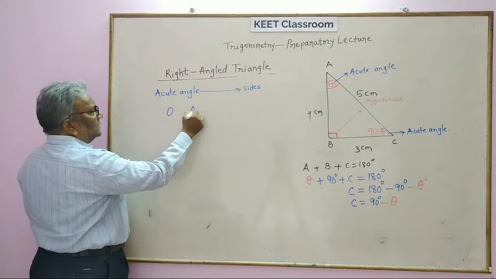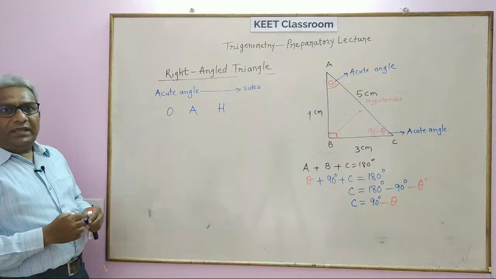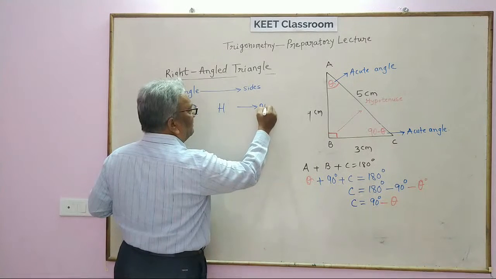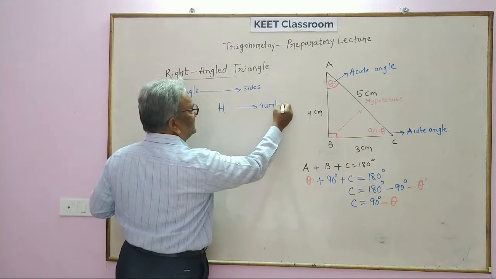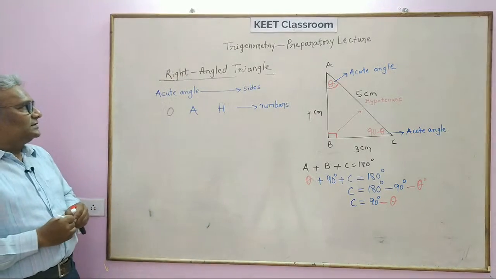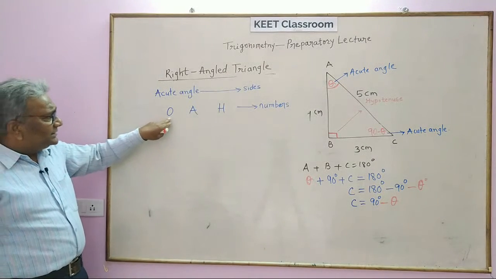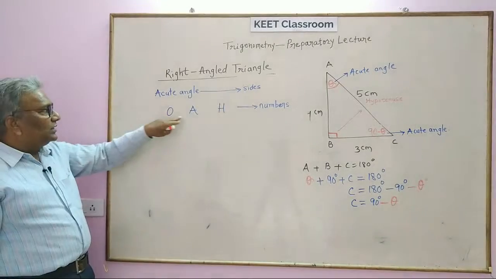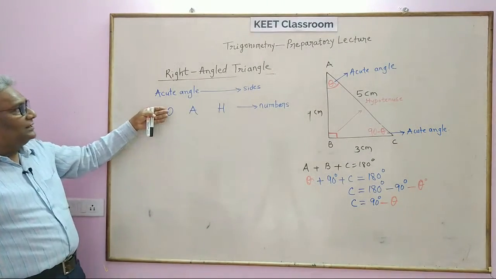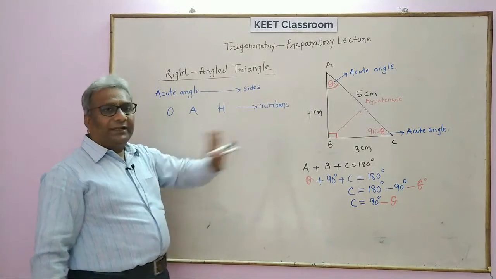O, A, H. What is O, A, H? These are numbers. Remember this, because we have done it right now, that these are numbers. Now the further part, just take these numbers O, A, H, which will be the opposite side of one of the acute angles, the adjacent side of one of the acute angles, and the hypotenuse of the right angle triangle.